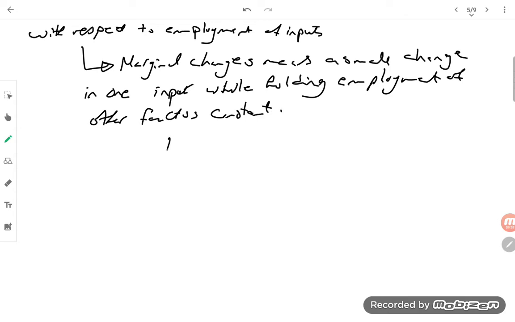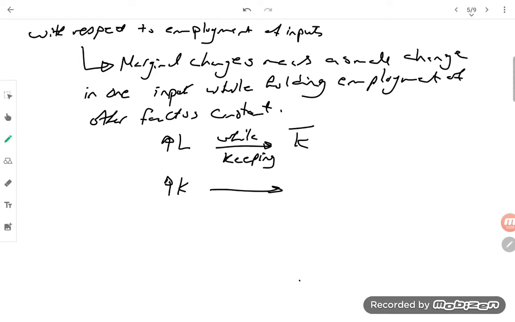So once again, we would like to increase labor while keeping capital constant, or increase capital while keeping labor constant.